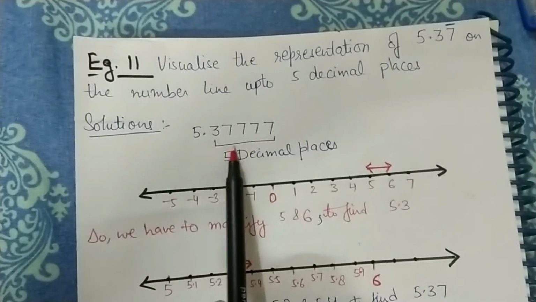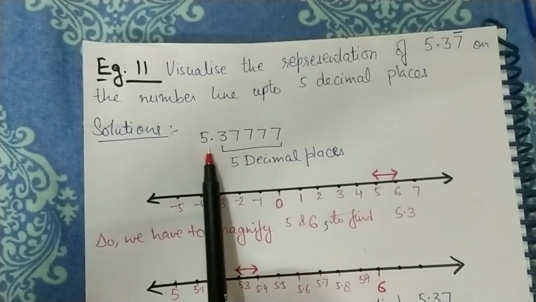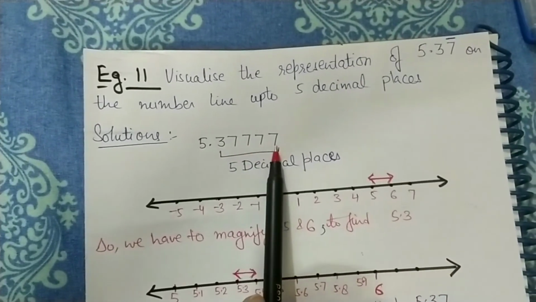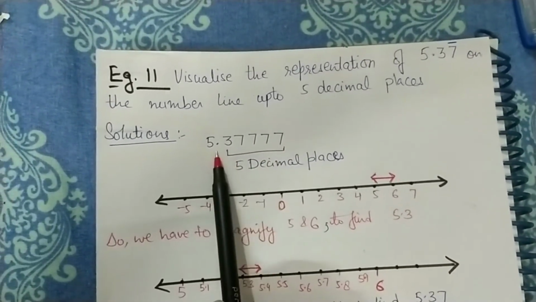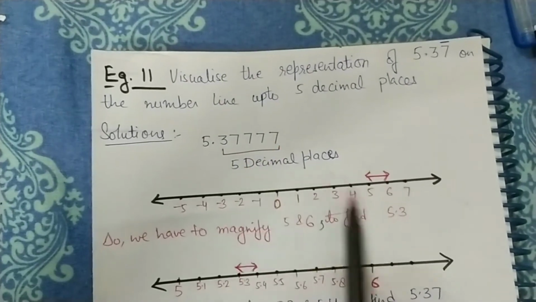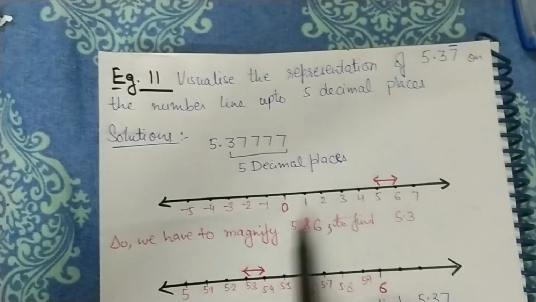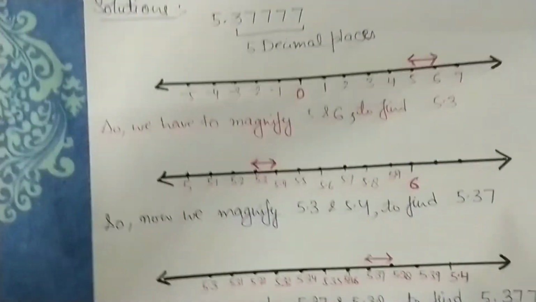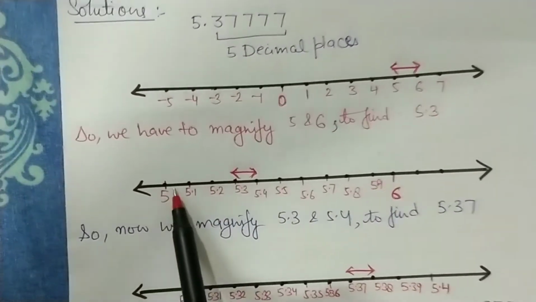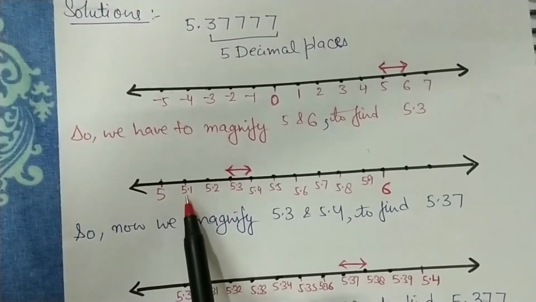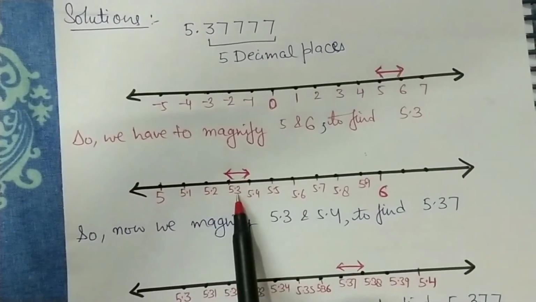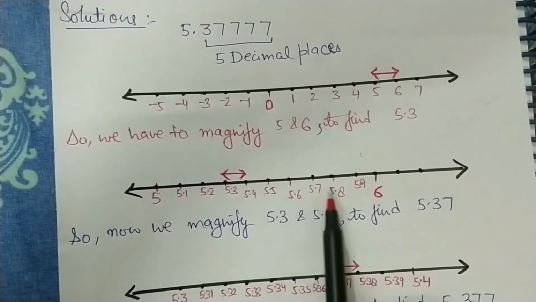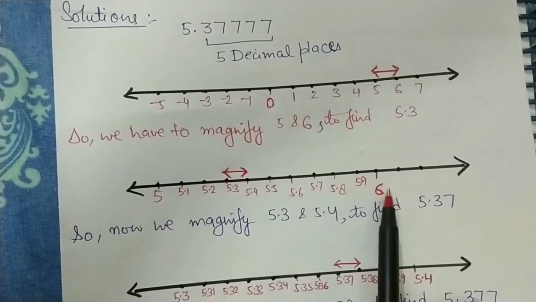Up to 5 decimal places, it will be 5.37777. Now 5.37777 will lie in between 5 and 6. So we have to magnify 5 and 6. The numbers will be 5.1, 5.2, 5.3, 5.4, 5.5, 5.6, 5.7, 5.8, 5.9, and then 6.